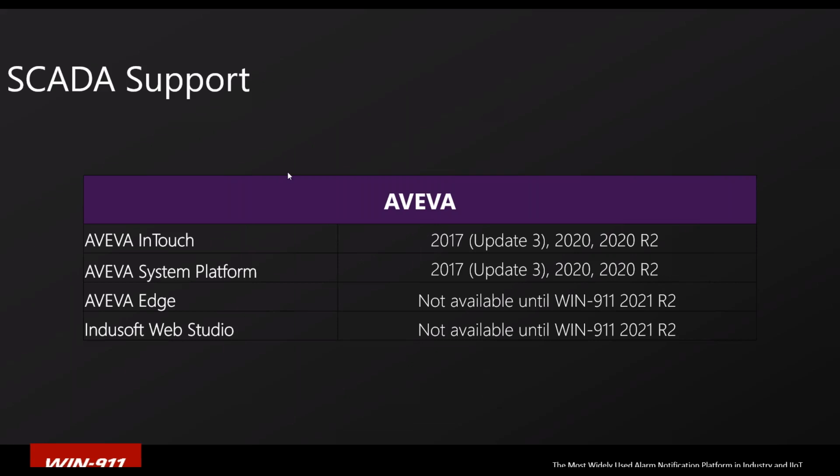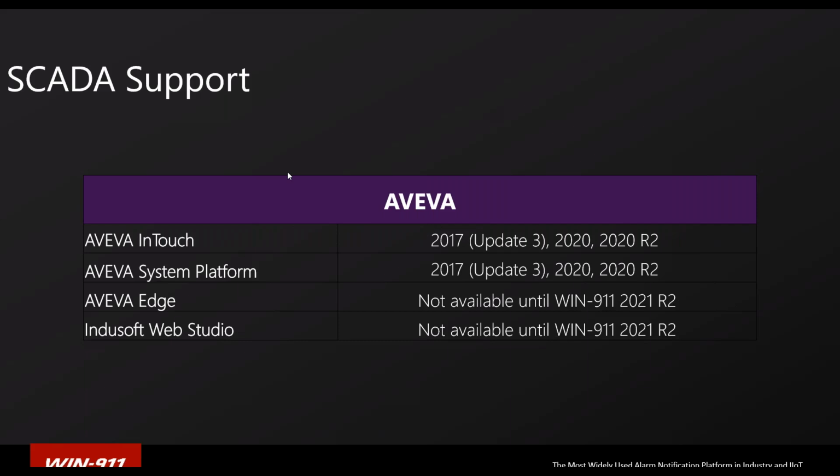Yeah, so just wanted to talk about what's supported for AVEVA products. For InTouch and System Platform, we're supporting 2017 Update 3, 2020 and 2020 R2. We may be looking at going back and supporting the last version of 2014. It is a mature support from AVEVA.